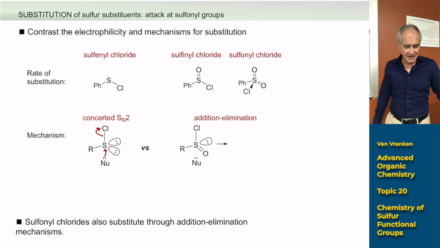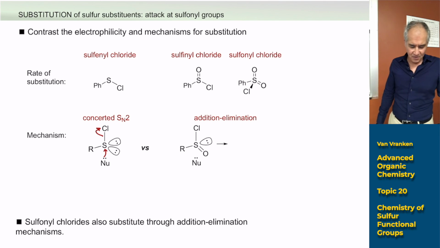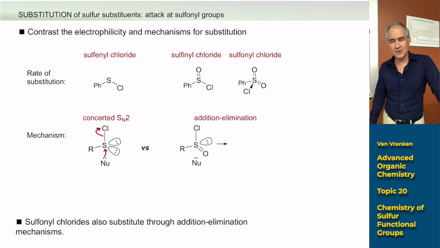This is a lightning fast SN2 reaction. If I want to think about a good concerted displacement process, these chlorides are so easy to do SN2 at those bonds. So doing SN2 at carbon, not so easy. Doing SN2 at divalent sulfur, super easy.